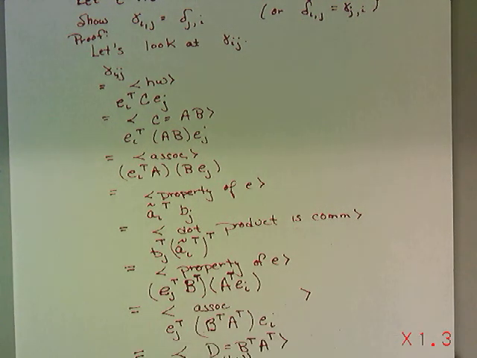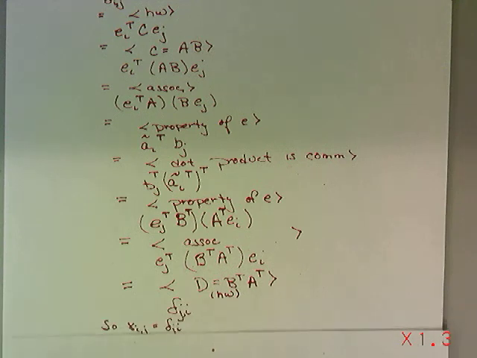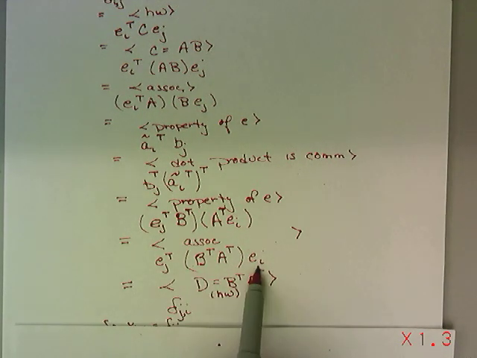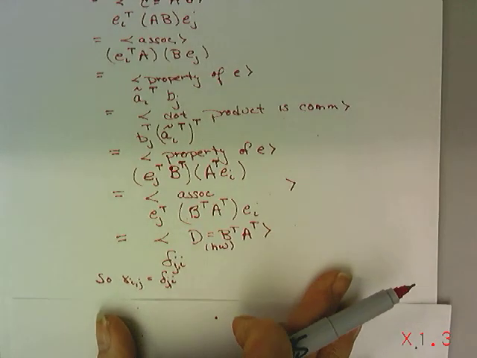And then D is B transpose times A transpose. But then by our homework, if we're pre-multiplying by the transpose of the jth unit basis vector and post-multiplying by the ith unit basis vector, it's pulling out the jith entry of D, which is B transpose times A transpose. And so we have it done.